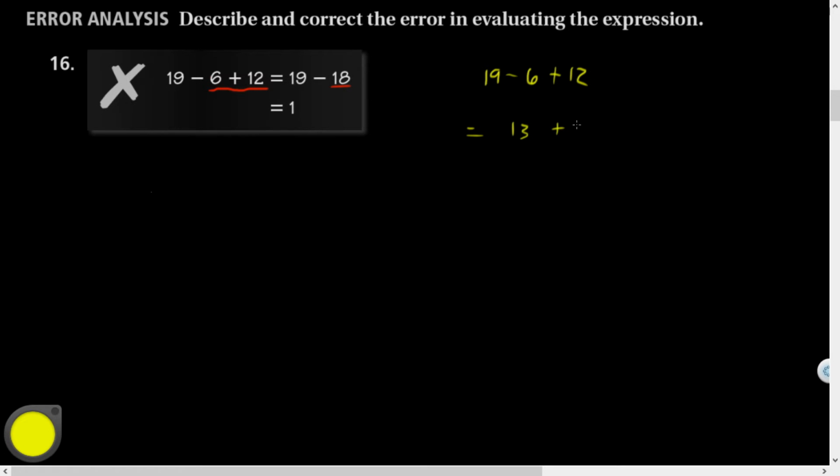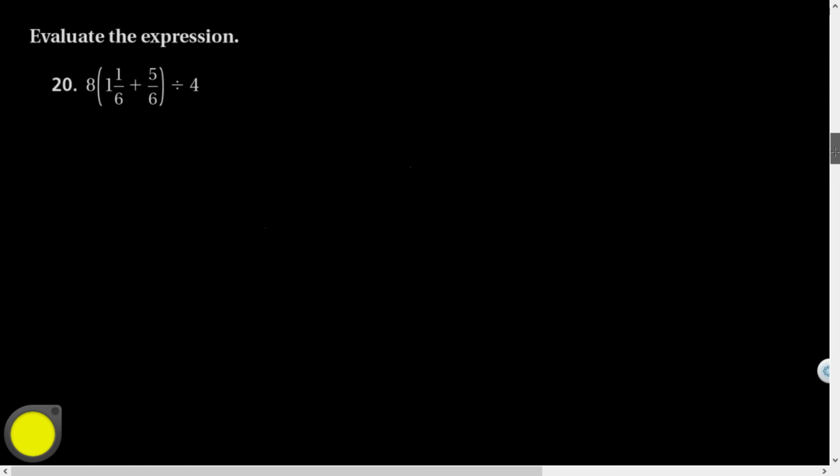So Pooja, what do you think the correct way to do that would have been? What should I have done? Yeah, addition and subtraction from left to right. So that would have been 19 minus 6 is 13. And then I could add those together and get 25. Right. I like it. And let's see, last one.